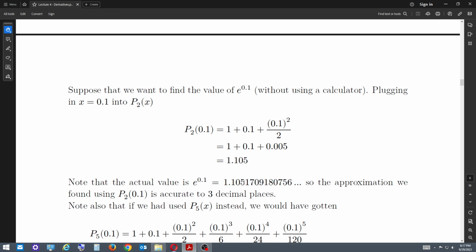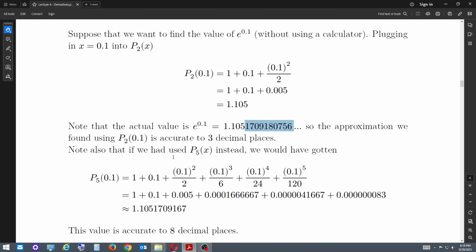Alright, so it's 1.105, 17, and it goes on. Notice we have the same 1.105. The first 4 digits are correct. But our Taylor polynomial, the second degree one, doesn't actually give us the remaining digits. So it's not that accurate because it only gives us the correct answer to 3 decimal places. The first 3 decimal digits are correct. It doesn't go beyond that.